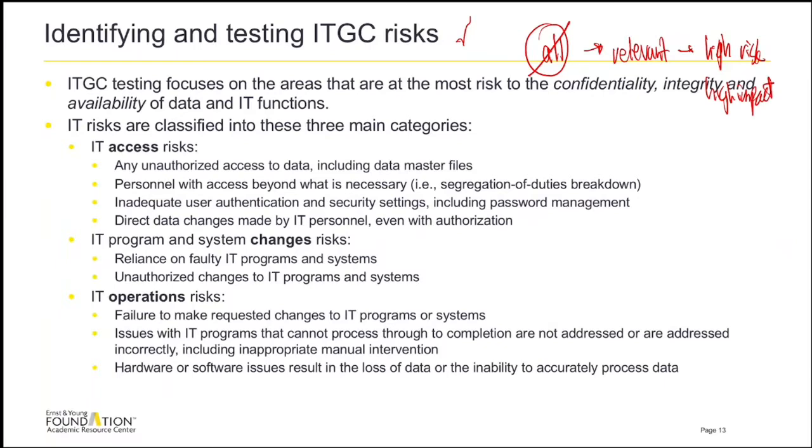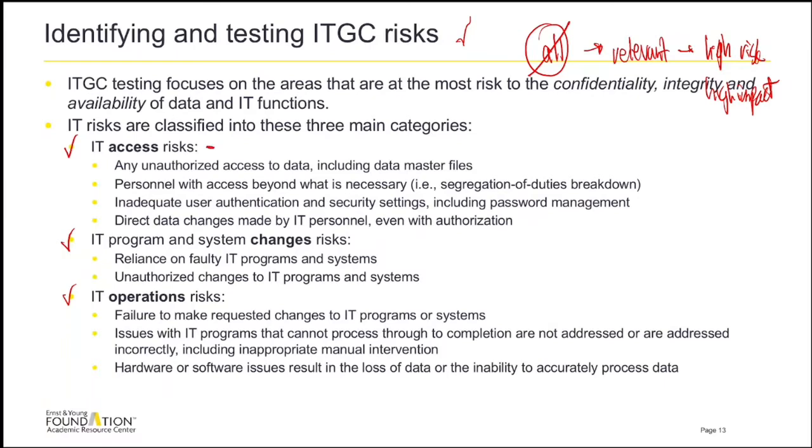So IT risks are classified into three main categories. It's parallel to our ITGC processes. There are three: IT access, IT program and system change risks, and IT operation risks.